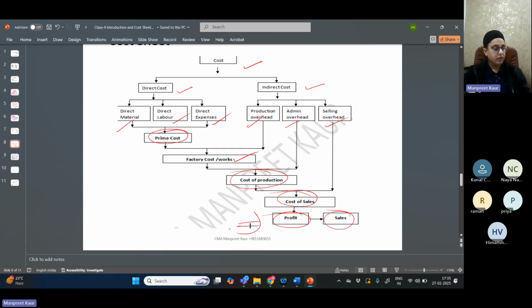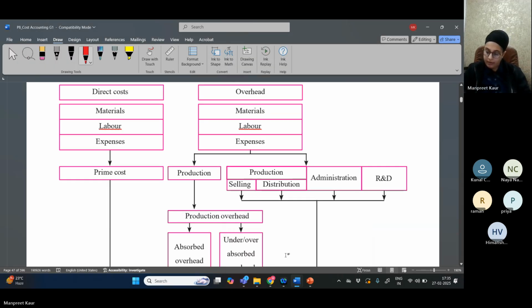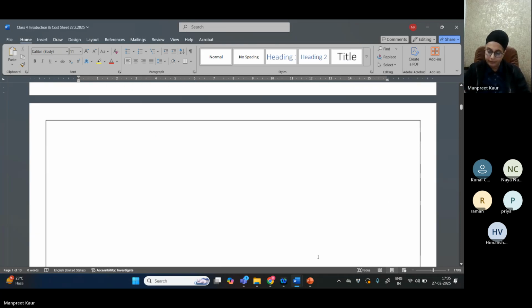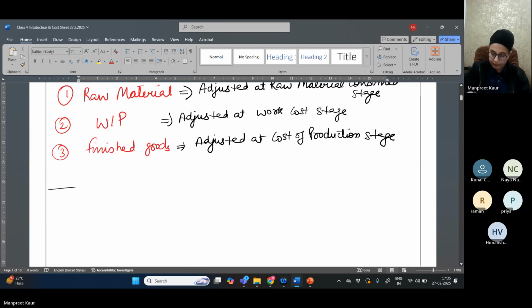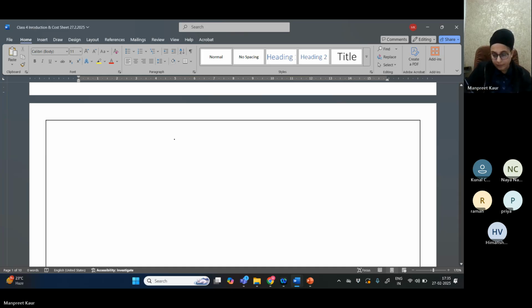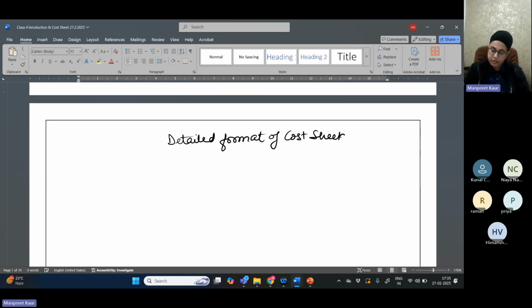Have a look at this cost sheet and we will start with the detailed format of the cost sheet.